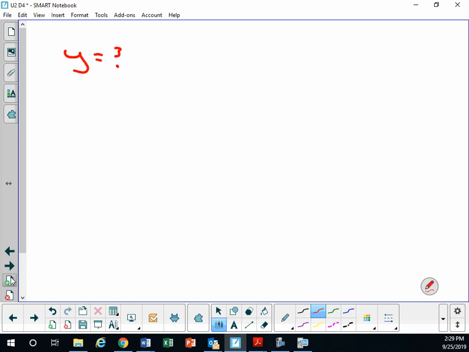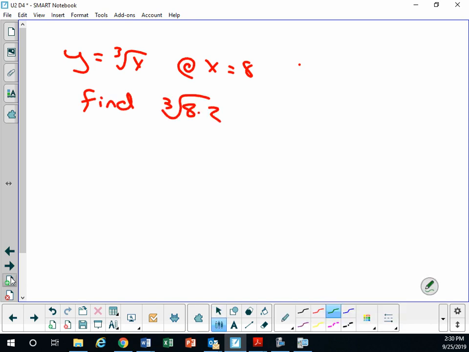Y equals the cubed root of x and x equals 8, and I want to find the cubed root of 8.2. By the way, I usually won't say this piece, so you need to figure out what a needs to be. It says x equals 8, that's the value that I know. I can do the cubed root of 8 easily. That's the whole point of this. I don't need 9 because I don't know what the cubed root of 9 is. It's some value that you can find easily.